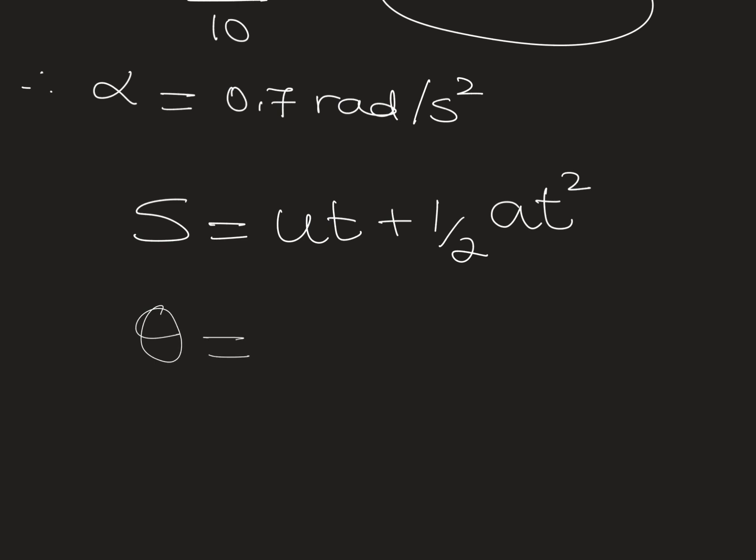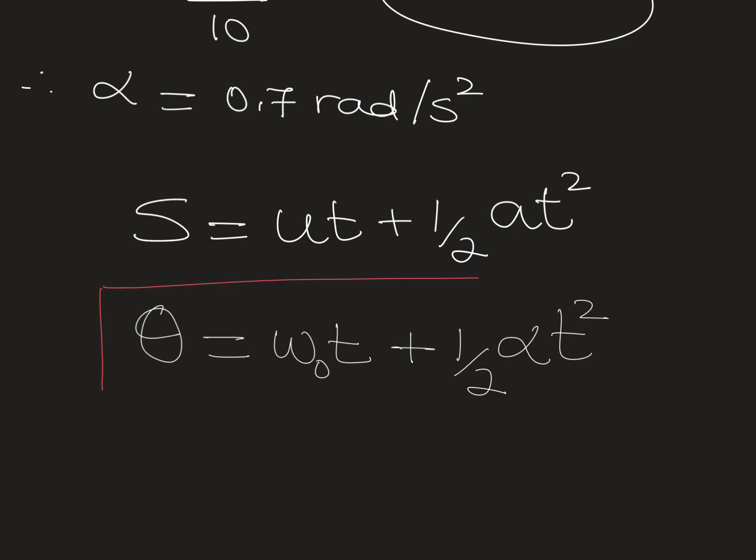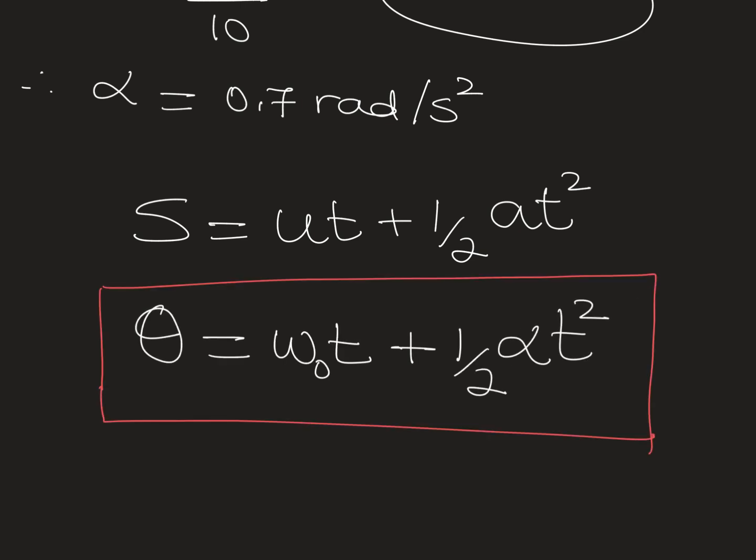This is equal to the initial angular velocity, omega 0, times t, plus half the angular acceleration, alpha, times t squared. This is the formula for angular displacement.